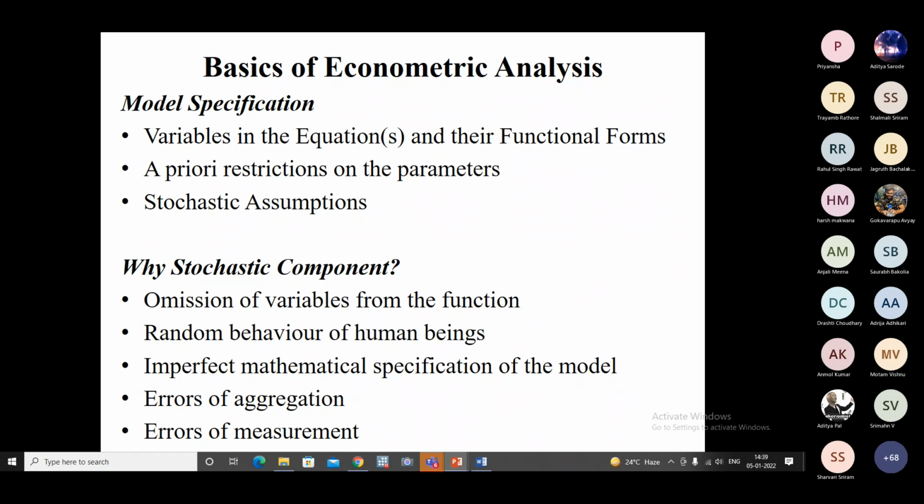Then again, human behavior may be very random. The mathematical specification that I make may not be the correct one. There may be errors in measurement of the variables, like that.